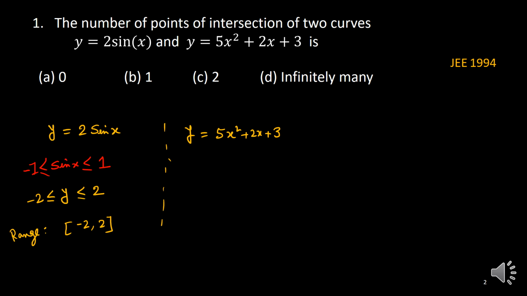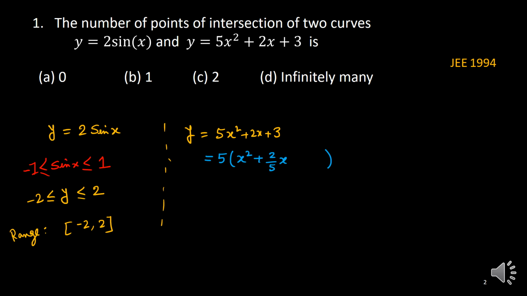This is a quadratic equation, and again we'll try to find out the range. So how to simplify this? First I can take 5 common, so it's x² plus 2/5 x. I'll try to make it a square.